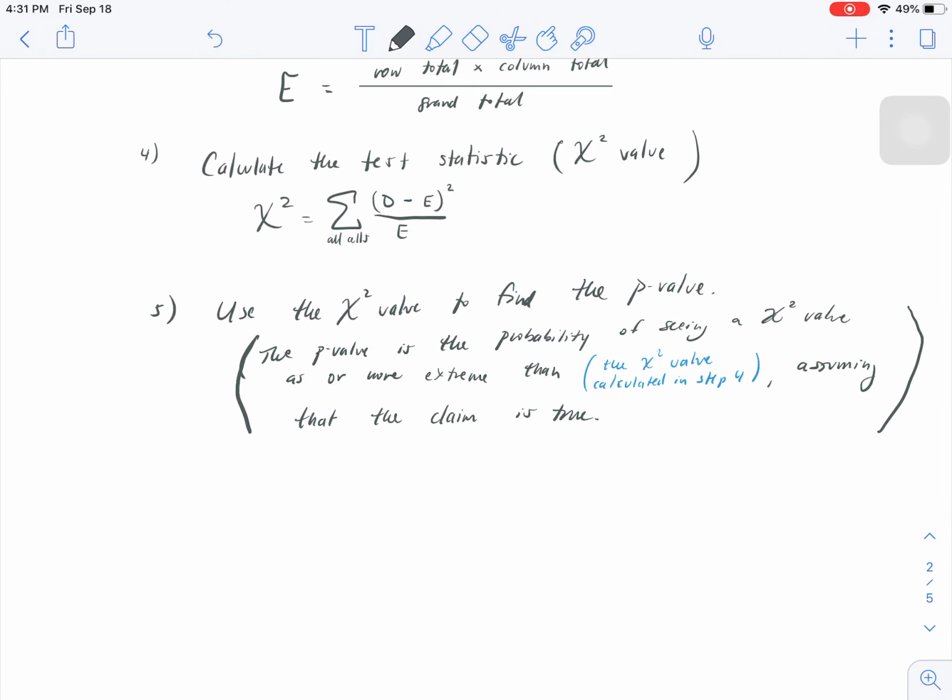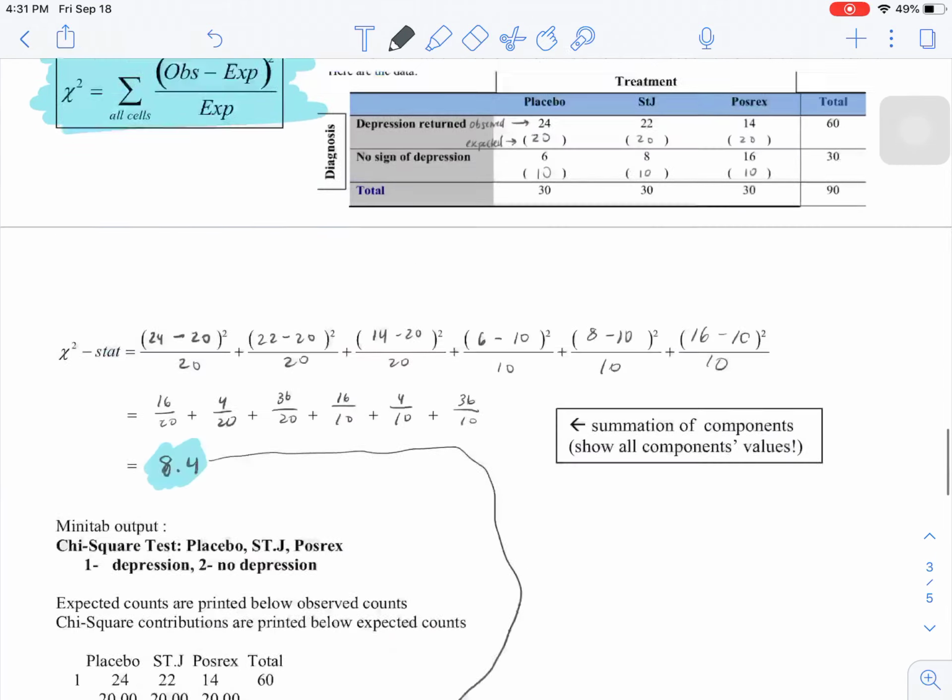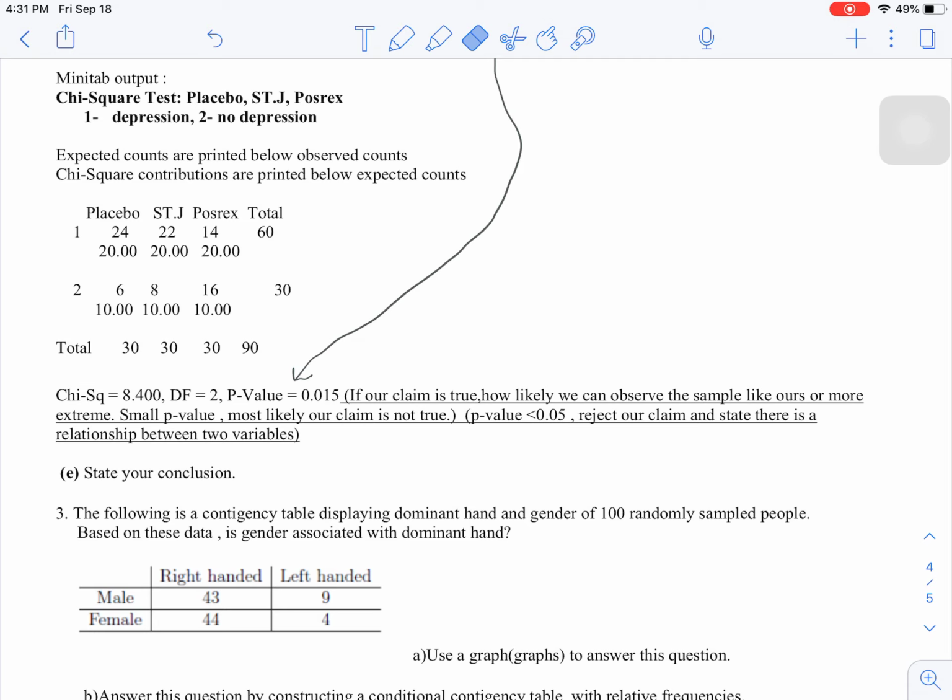How do we find this p-value? Well, the good news is that calculating it by hand is out of the scope of our class. It involves some calculus. So instead, we use our computer program called Minitab to find the p-value based on our chi-squared test statistic.